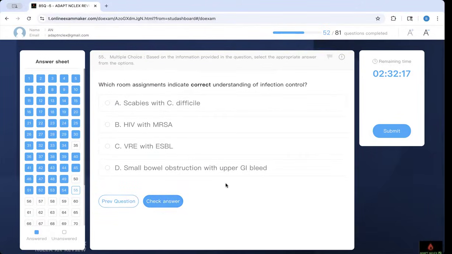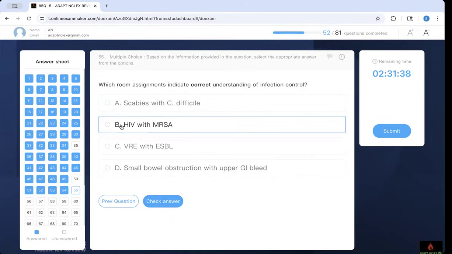Which room assignment indicates correct understanding of infection control? That means the same organism, not the precaution. The name has to be the same, not the precaution. Not contact, but it should be what? Scabies and C. diff, they are not the same name. HIV, MRSA, not the same name.